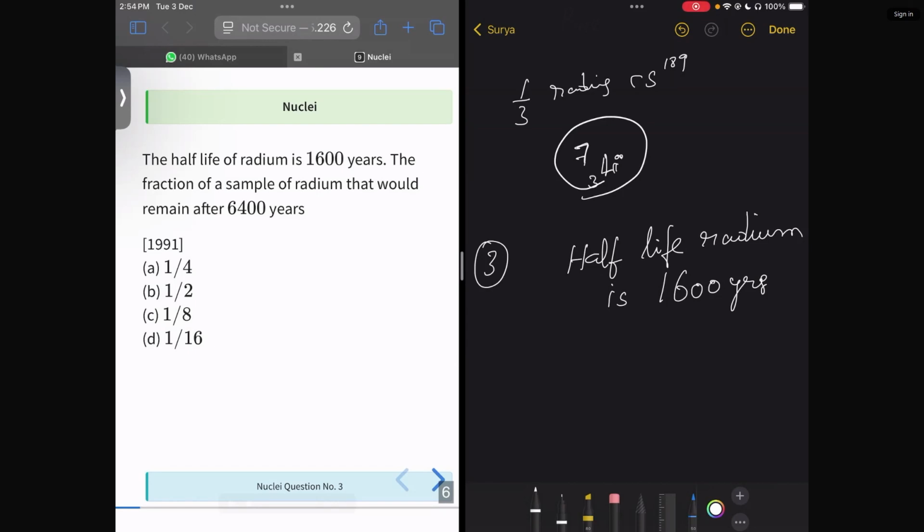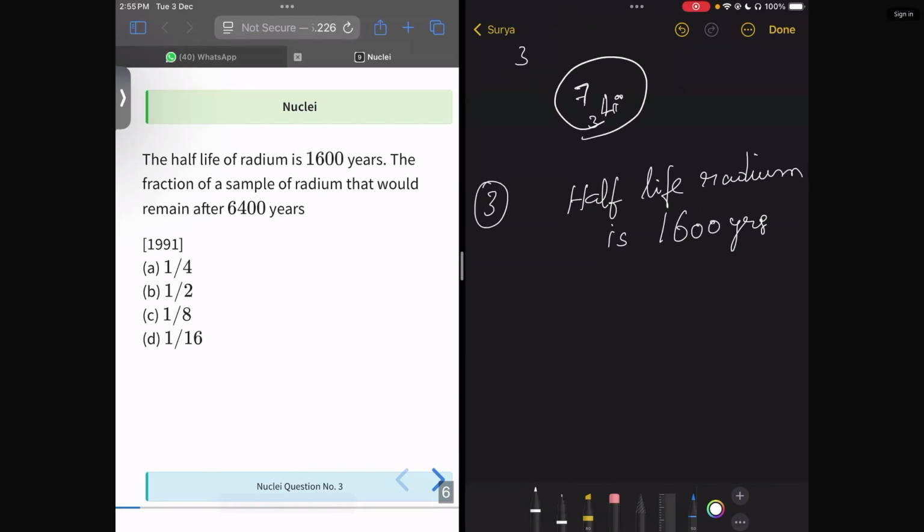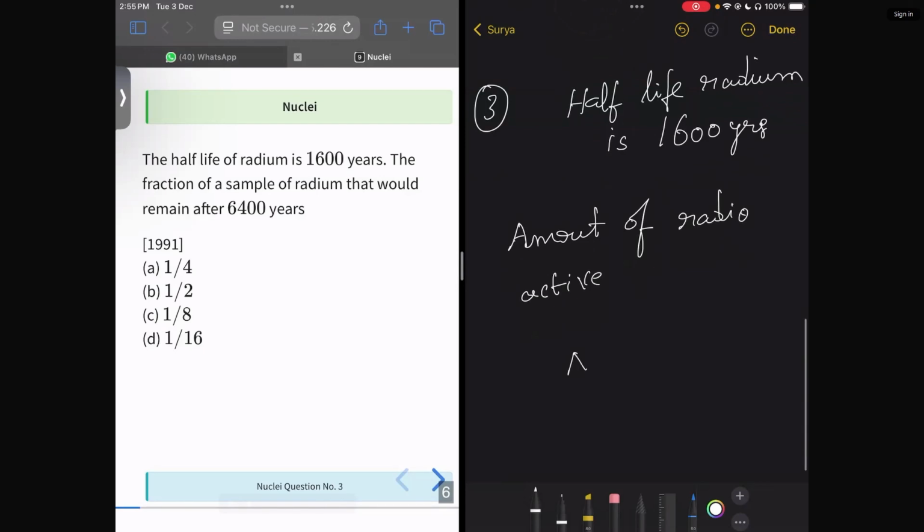All of you know this is the formula. The amount of any radioactive substance remaining after a given time is calculated by N equal to N naught into half whole power t by capital T, right?